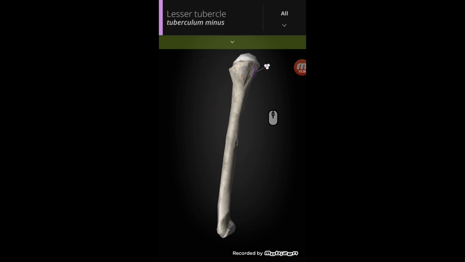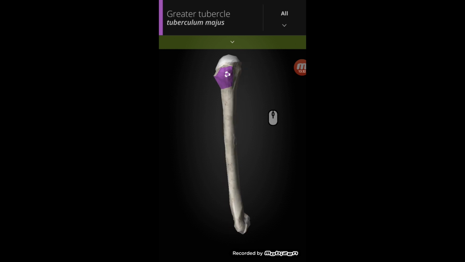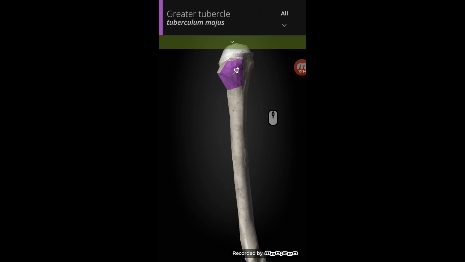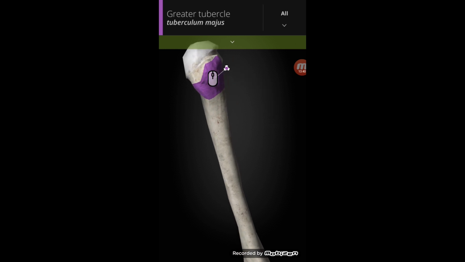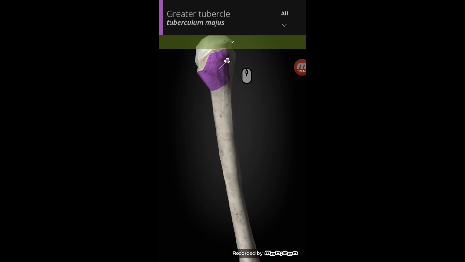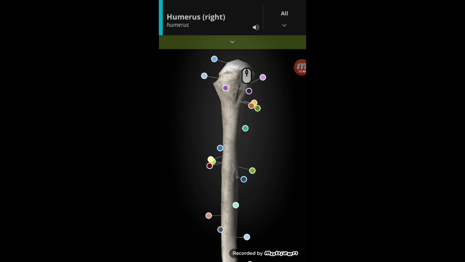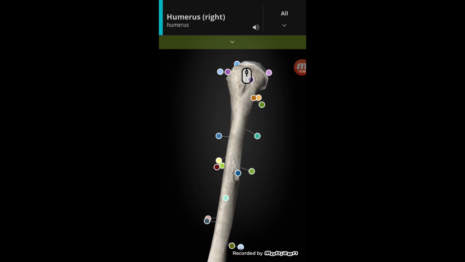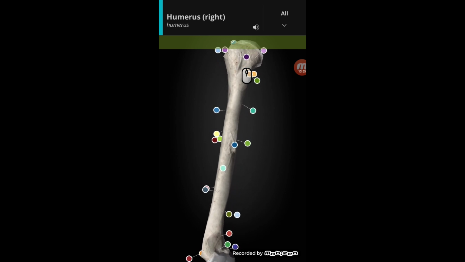One point here: the greater tubercle has three flat surfaces. These three flat surfaces give attachment to the muscles of the rotator cuff. I will discuss it later. This video is only on osteology, so I will not discuss the muscles.